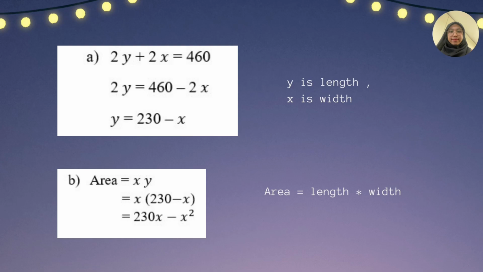For question B, the formula for area is x times y. So we just substitute the value of y we got earlier from question A. Area equals x times 230 minus x. Then we prove that the area is indeed 230x minus x squared.